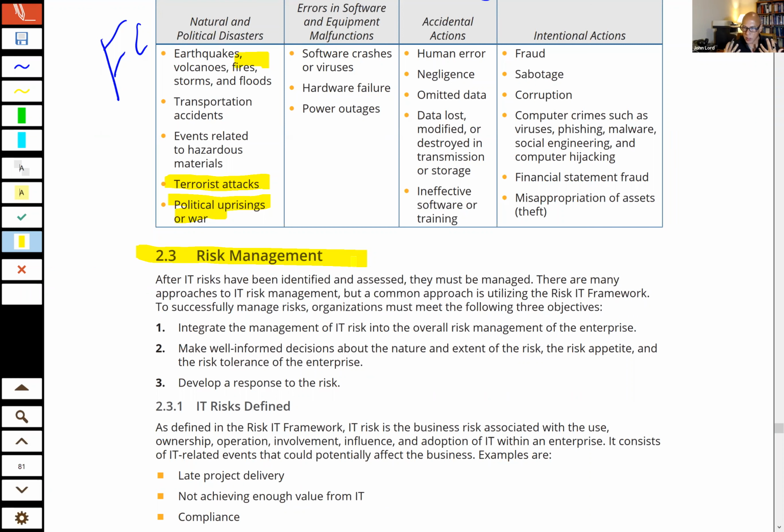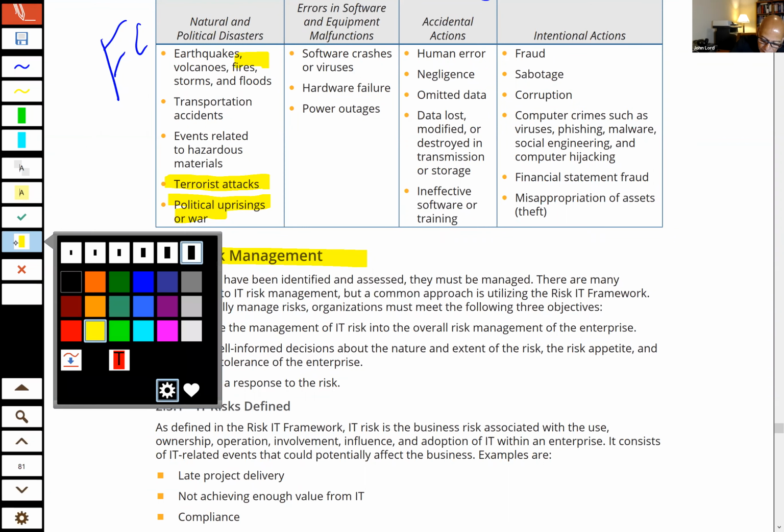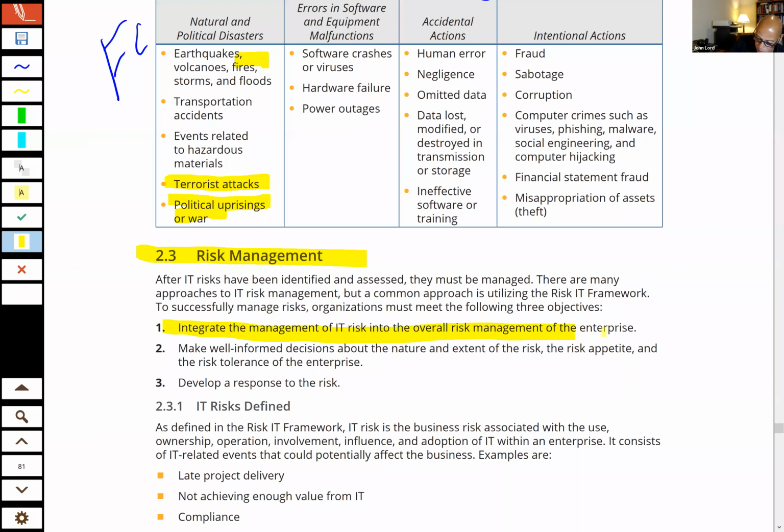It's not a new system now that's creating these risks. It's things that keep coming at us because of just ongoing life, right? So we have to basically integrate the overall company risk management, which we've talked about in other chapters, to IT, make well-informed decisions, and develop an appropriate response.